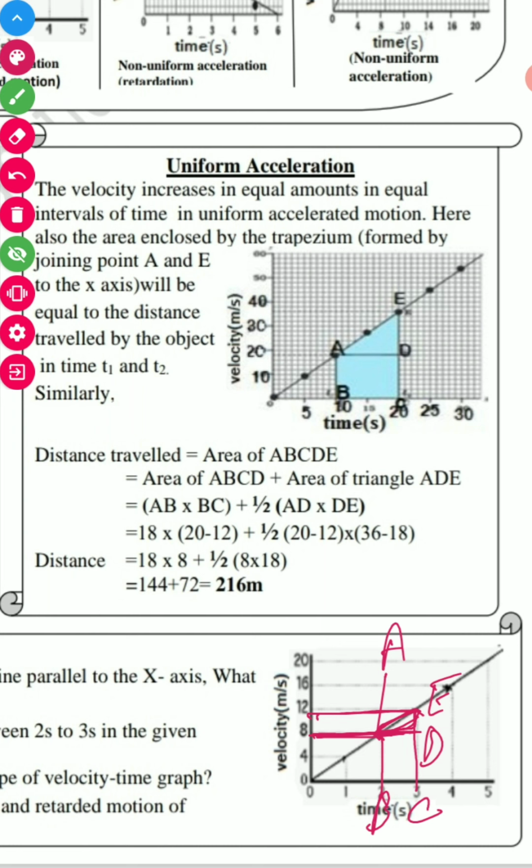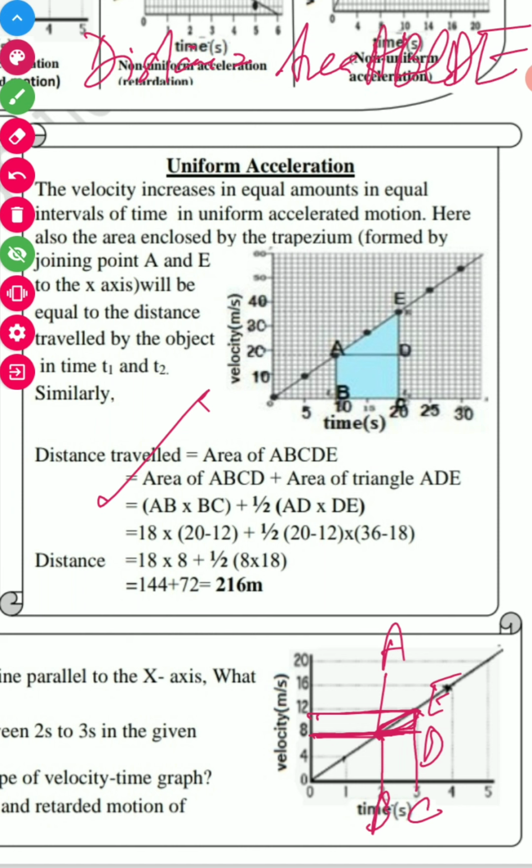And again by using this method we can calculate the area. I'll write for you: the distance traveled is the area of ABCDE, which is equal to the area of rectangle ABCD plus the area of triangle ADE.